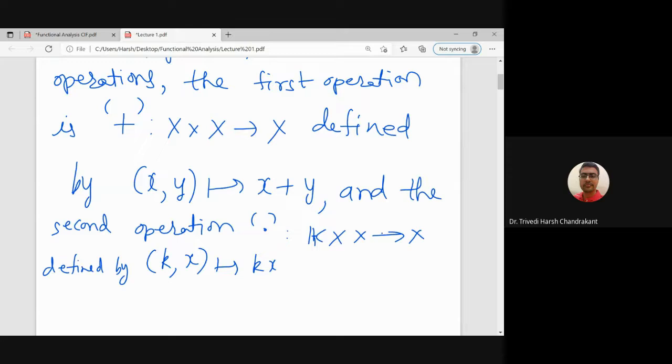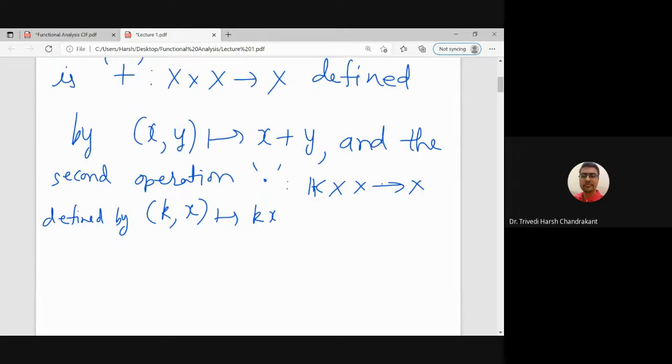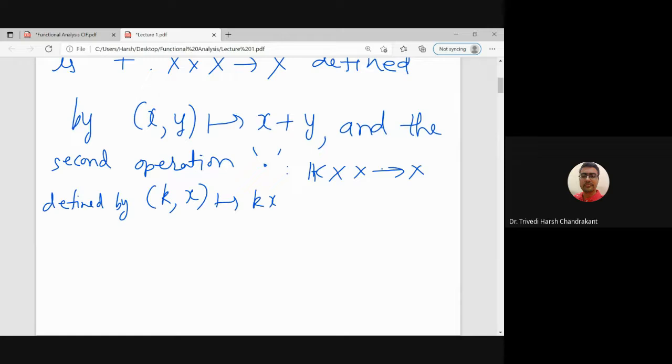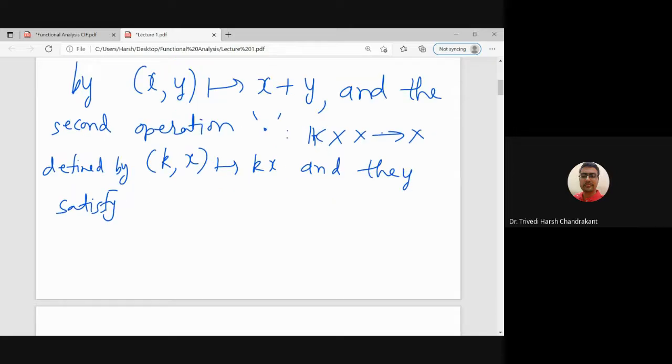So this is scalar multiplication, and both these operations satisfy certain axioms. So the axioms are quite standard.